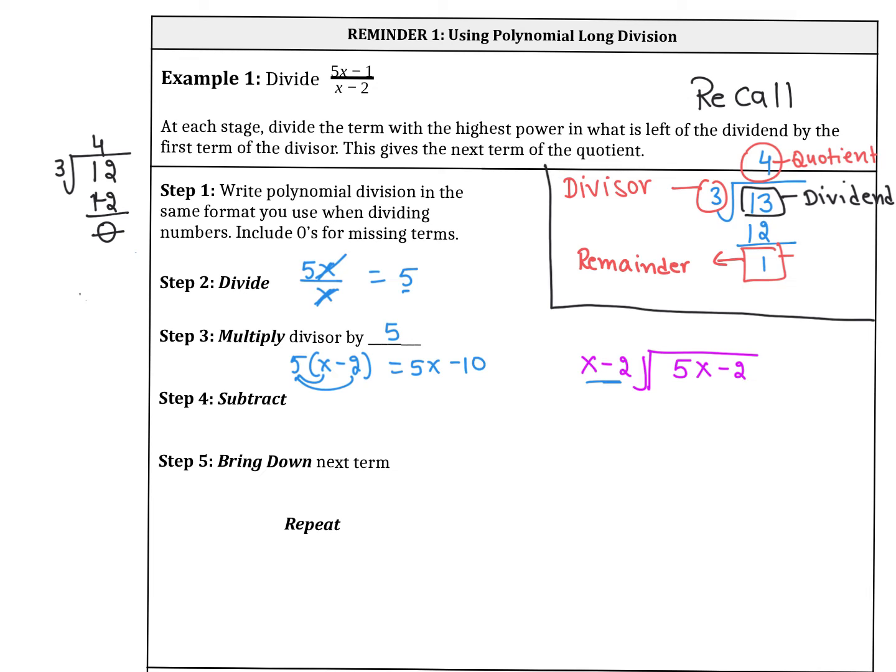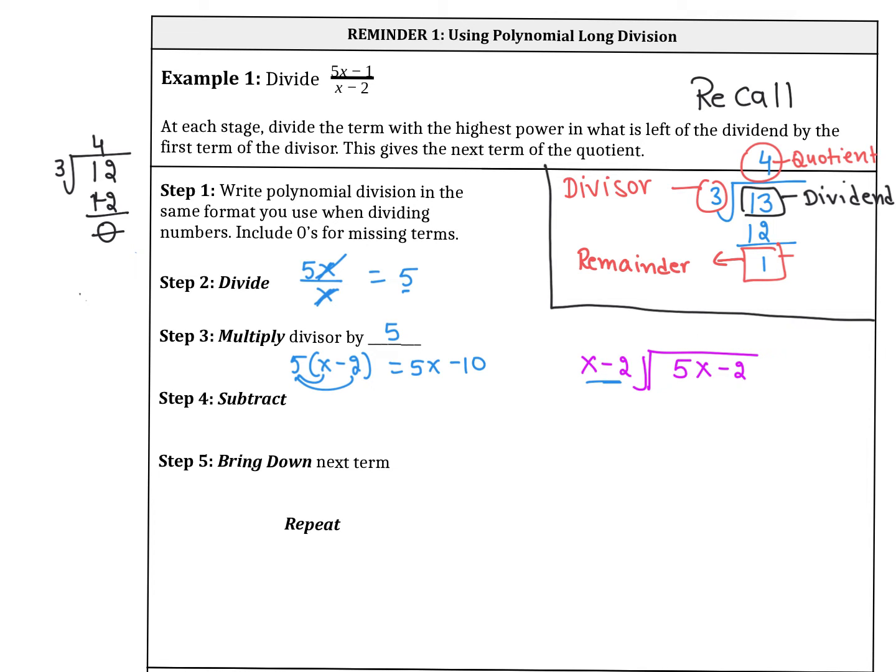What you got here is 5x minus 10. So ultimately, you're going to multiply something with the first term and see if you get the exact same number as the first number. So 5x, you want to get 5x. What do you multiply here to get 5x? It is 5.